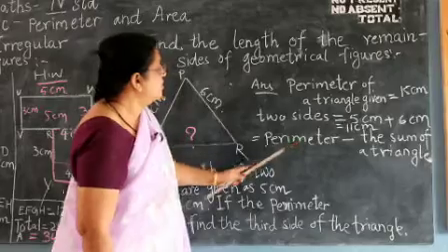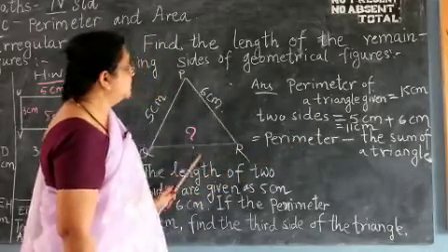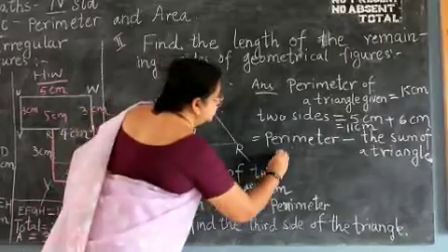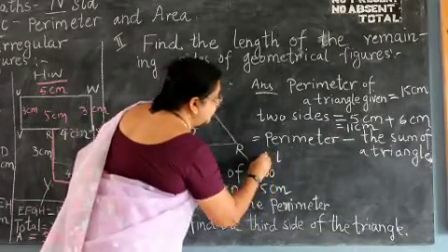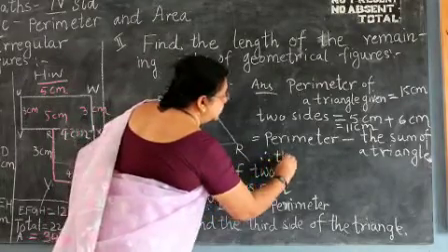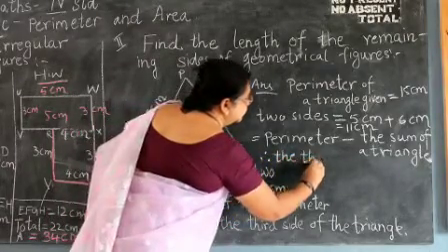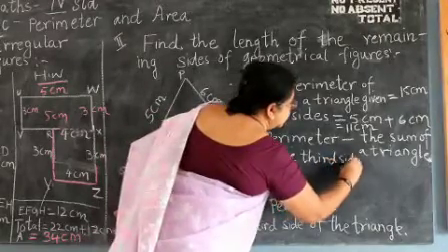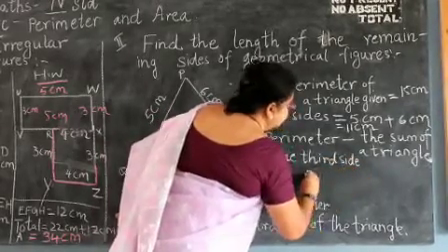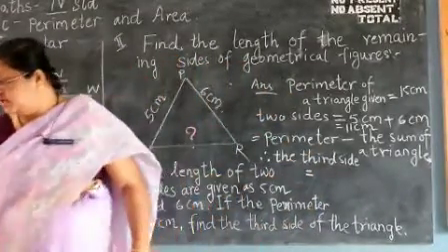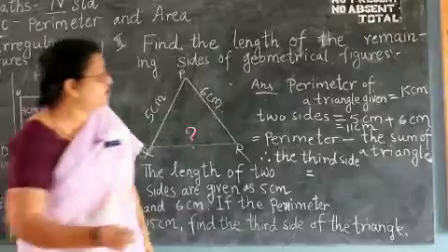Okay, so how will you find the third side? Therefore, you will write in maths, therefore, like this, 3 dots. Therefore, the third side is equal to perimeter minus, please note, children, it is minus.